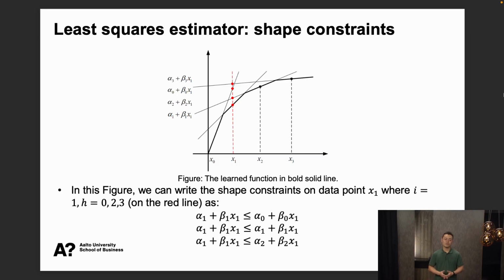Here I have a question for you. In the optimization problem, how many shape constraints do we have in total if we have n data points? I'll give you 1 minute and you can think about it.